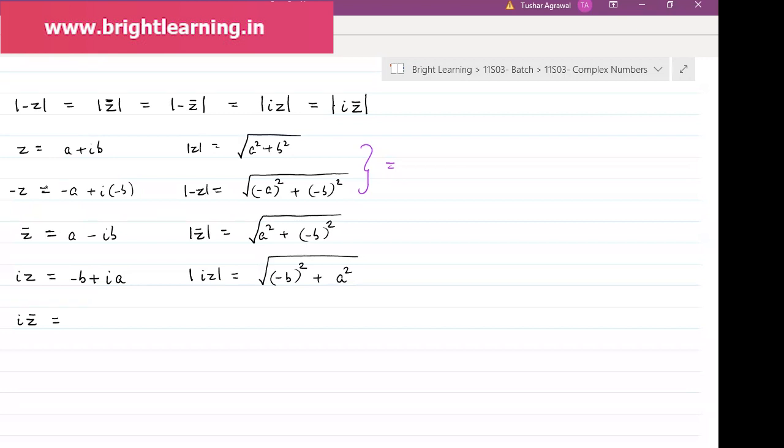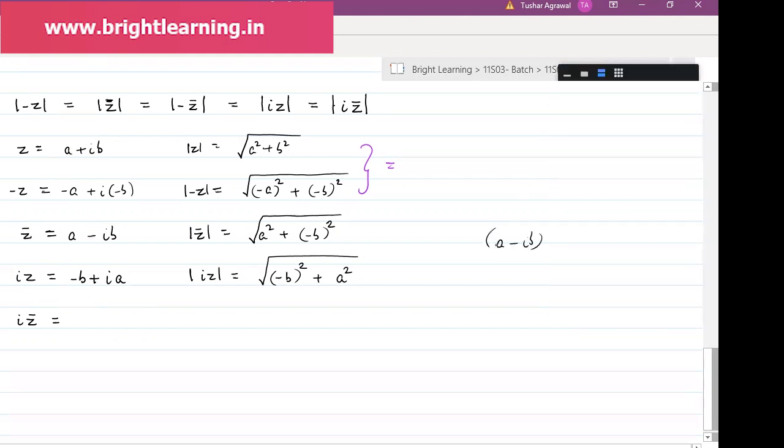It should be done orally. We have done such complicated multiplication, so this is an easy one. What is z bar? a minus ib. So what will be i times this? This is my a minus ib. Look on the screen. I have to do i times a minus ib.